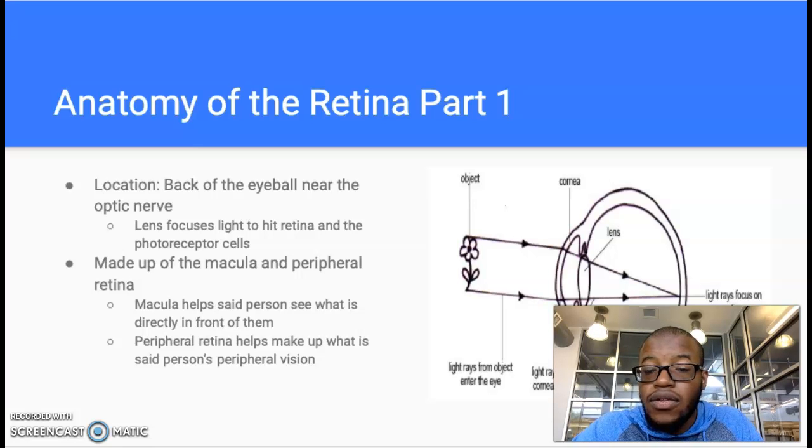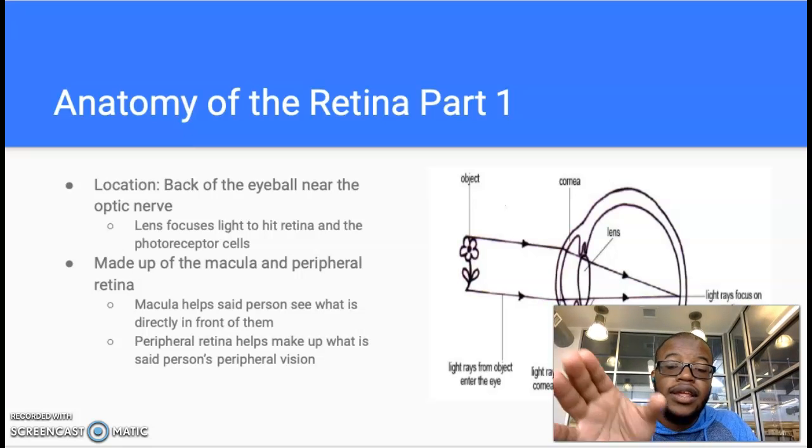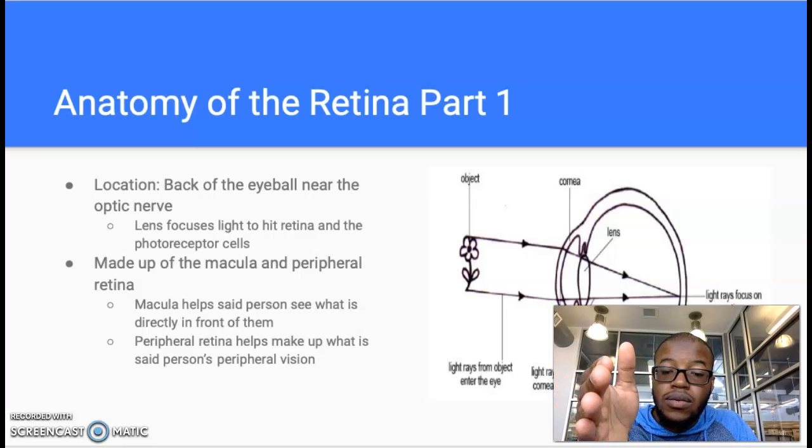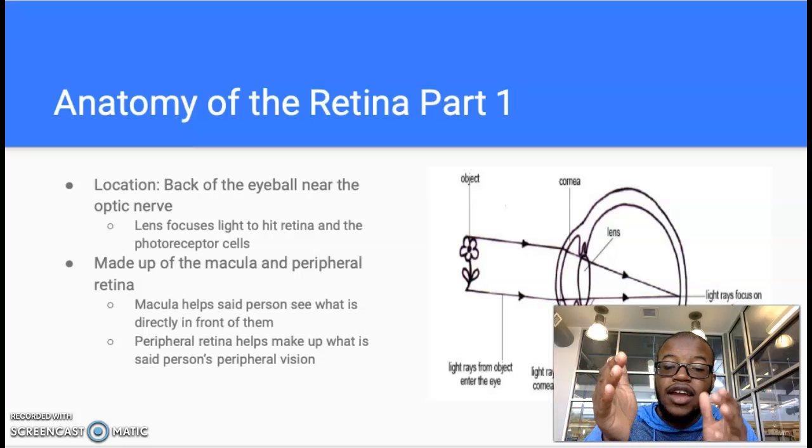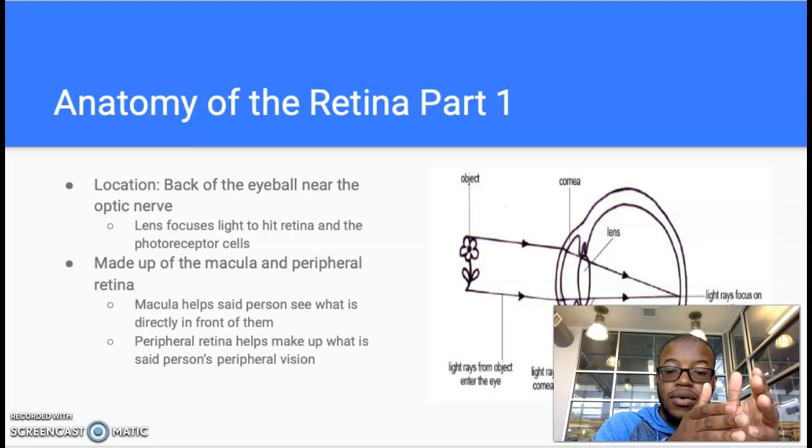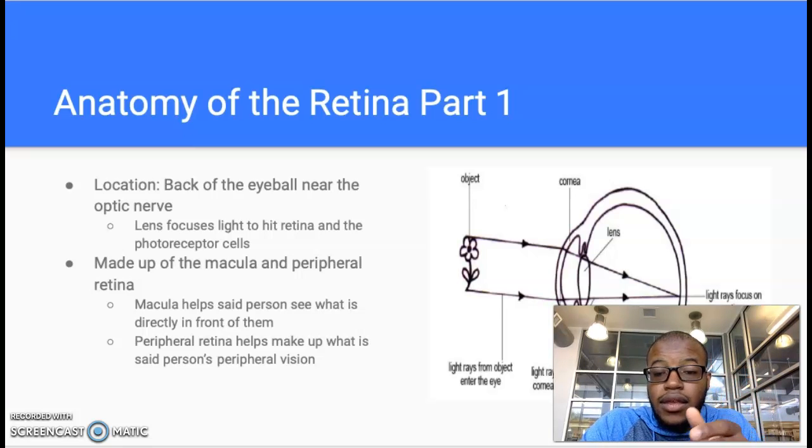Then, as you see on the right, there is the eyeball. The object, the flower, as you see it, the light rays will hit the flower and then hit off that into your eye. The light from that enters your eye and will go to your cornea first, and as it hits your cornea, light rays get bent by the cornea first, and then further by the lens.